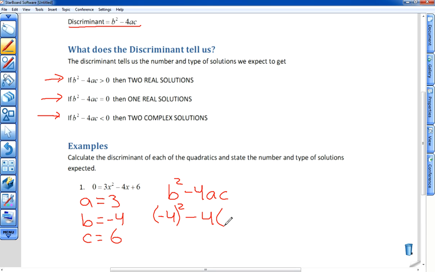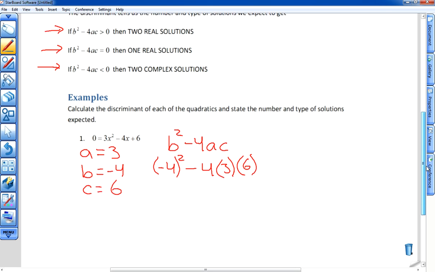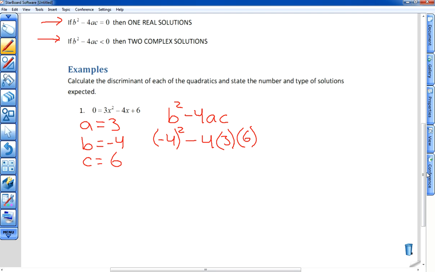We've already seen that a is equal to 3, and 4 times a times c, and we can see that c is 6. So simplifying this produces negative 4 squared, which is positive 16, minus 4 times 3 is 12, times another 6 is 72.